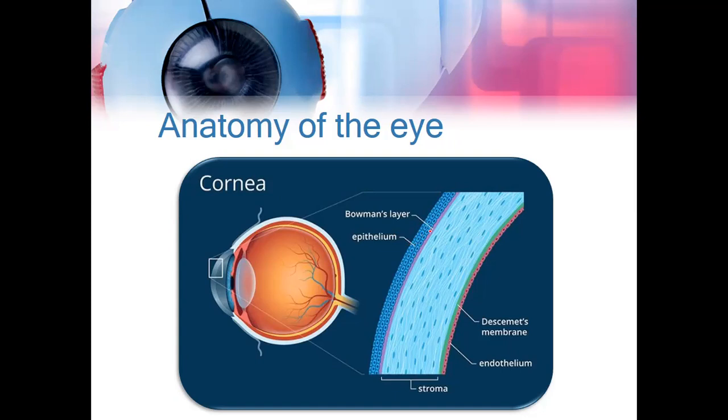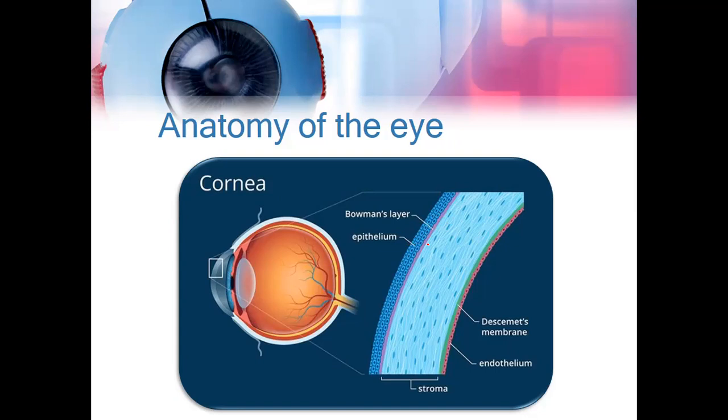And since, as I told you, the cornea does not have any vessels, it is really difficult to heal completely, because it does not have any blood vessels that would supply blood.